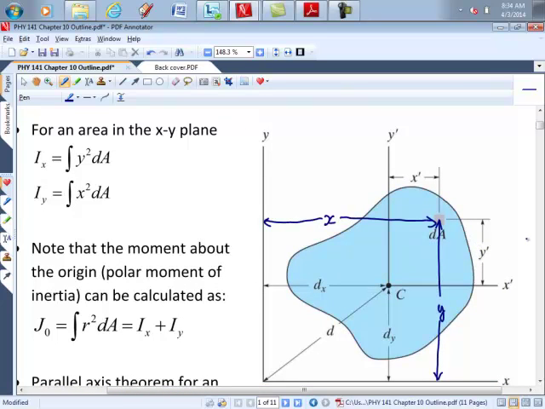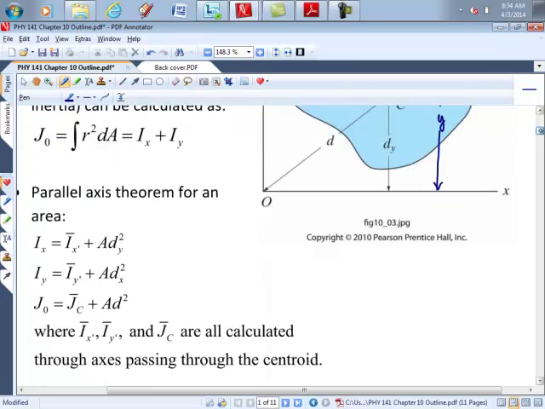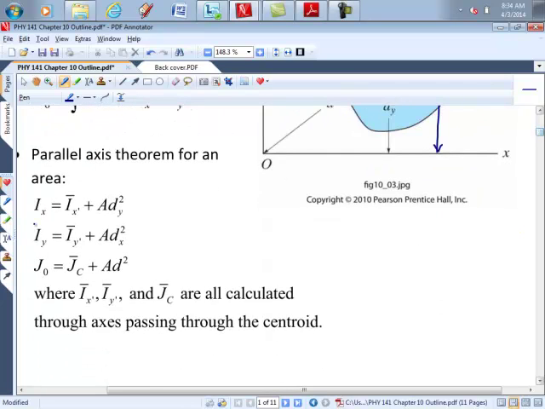We can go between the moment about the actual x-axis and the centroid axis using the parallel axis theorem. So parallel axis theorem says the moment of inertia about the x-axis is the moment of inertia about the centroid axis plus the whole area times the distance between the x-axis and the x prime axis, which we're calling dy here, as shown in the figure, squared.